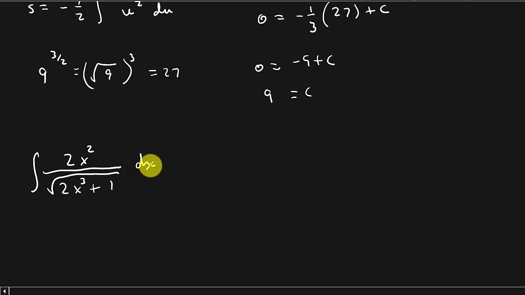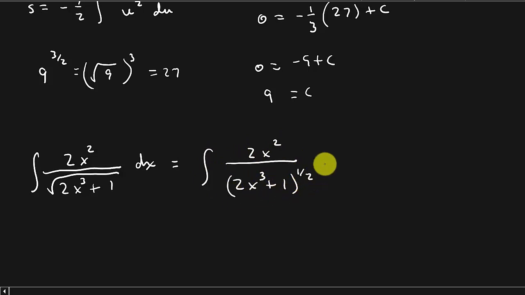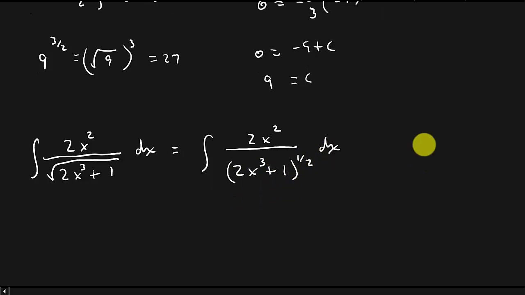All right, let's look at this one. Now, do I have something in parentheses raised to a power? Yes, I do. I have 2x squared over 2x cubed plus 1 to the 1/2 dx.